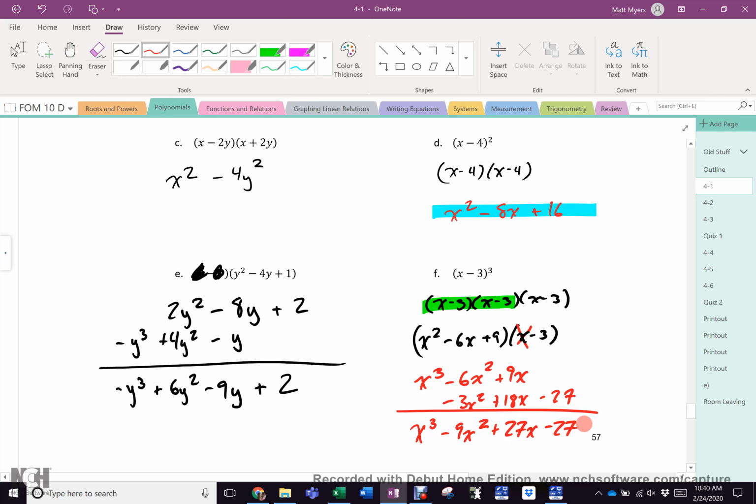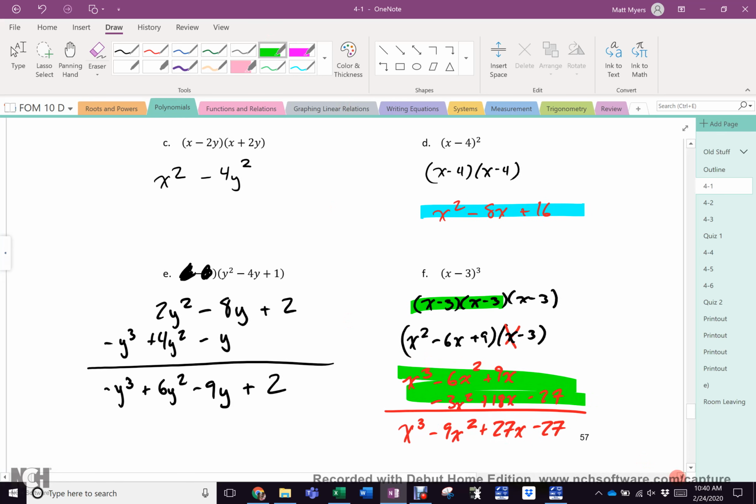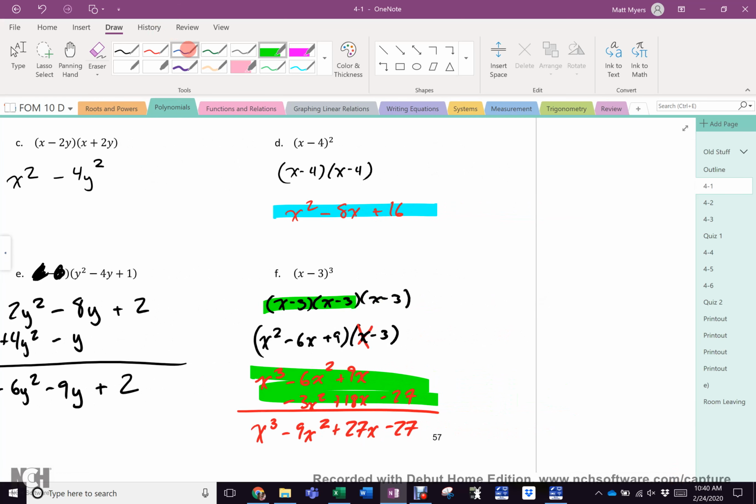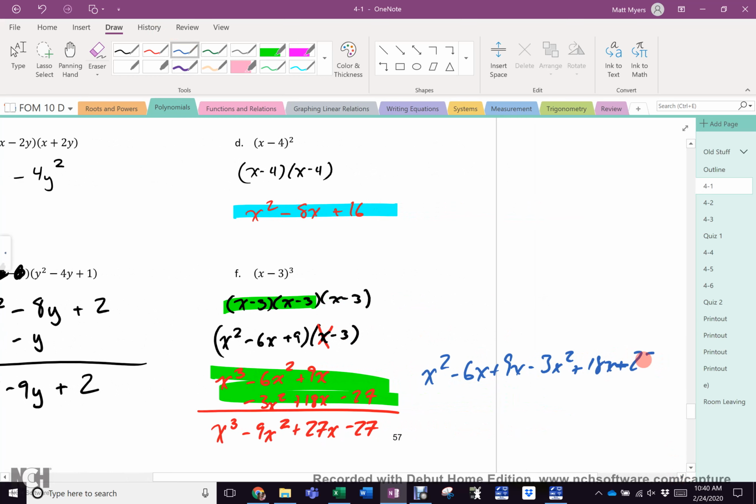And I'm done. Now, if you were taught to do this and keep it all in a straight line, like many math teachers teach you, then this part right here would look like this: x squared minus 6x plus 9x minus 3x squared plus 18x minus 27.